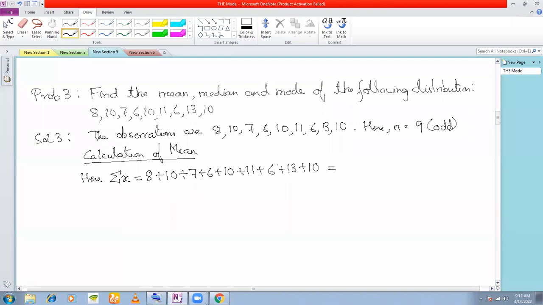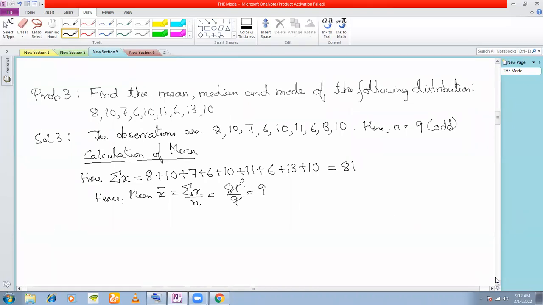So you get here 81. Okay. Hence, mean x bar is summation x divided by n, which is 81 divided by 9. So mean is equal to 9 here.